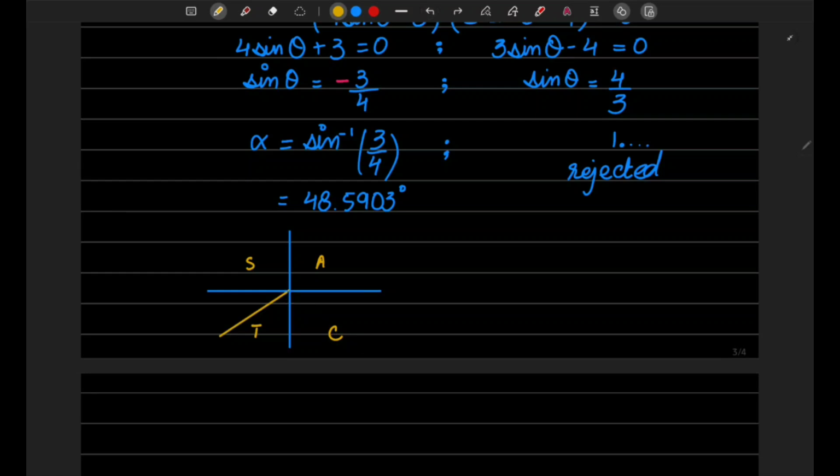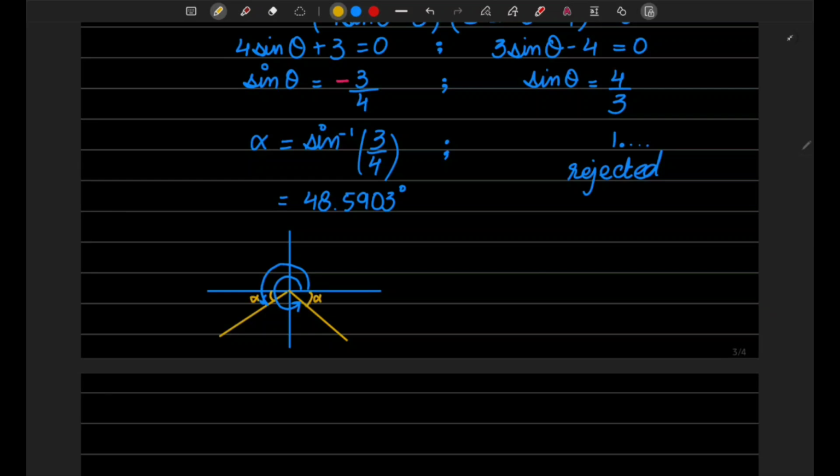A and S are the two quadrants where the sine is positive. So the first angle would be 180 plus alpha, and the second angle would be 360 minus alpha. Alpha is your basic angle.